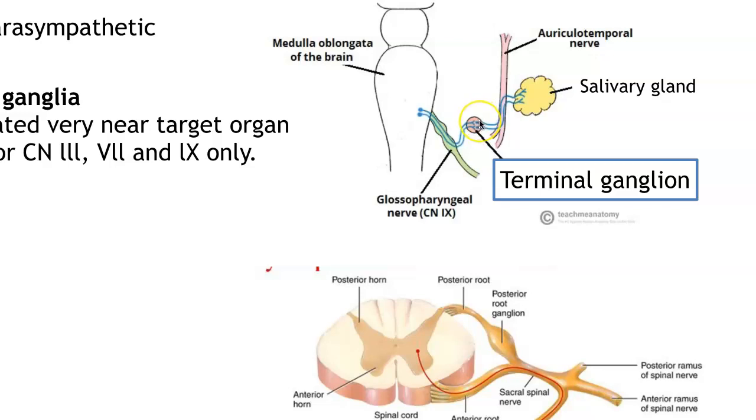And then those postganglionic axons, fibers, are going to travel to their target organ, which is very close by. These terminal ganglia are not within their target organ, but they are very close to it. So that's our terminal ganglia, used by cranial nerves 3, 7, and 9 only.